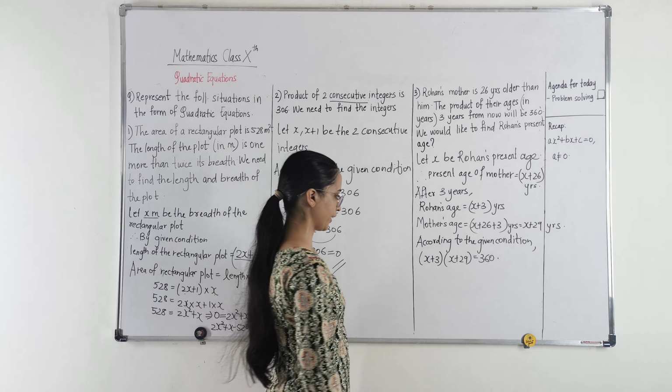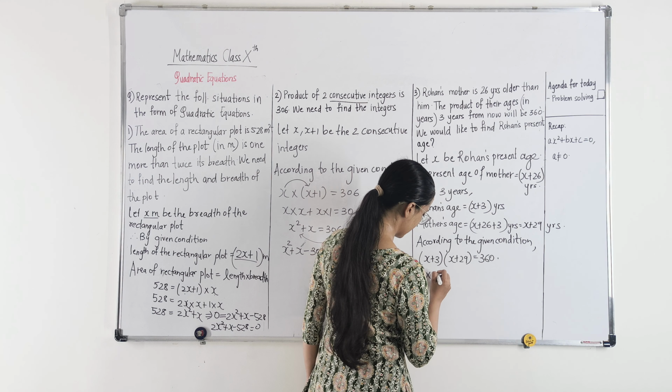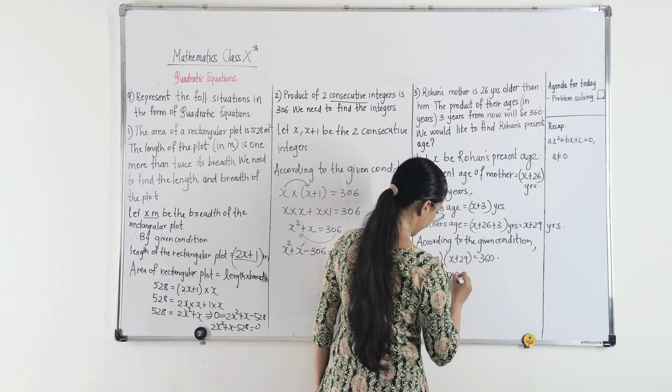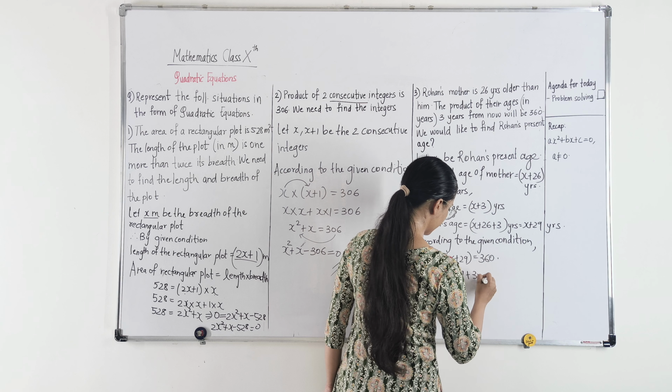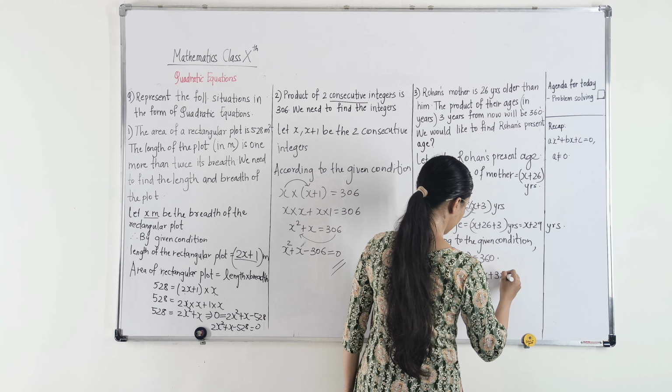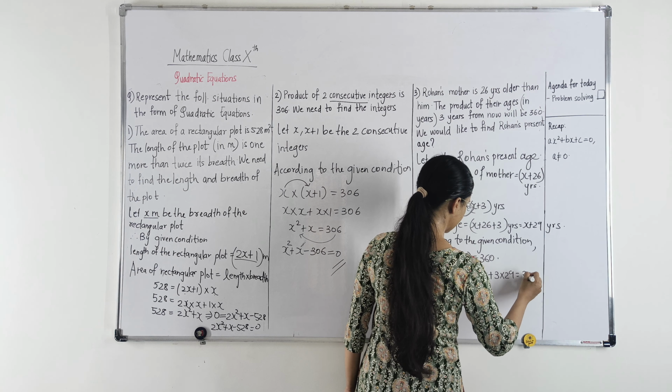Now let us open the bracket. So x into x plus x into 29 plus 3 into x plus 3 into 29 equals 360.